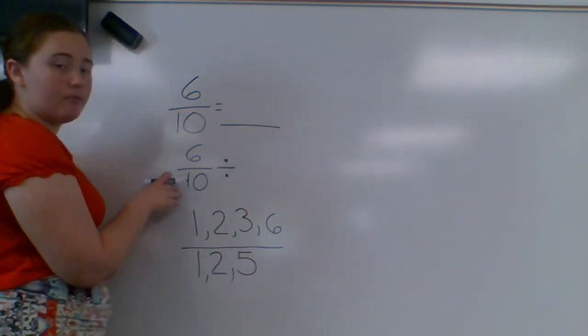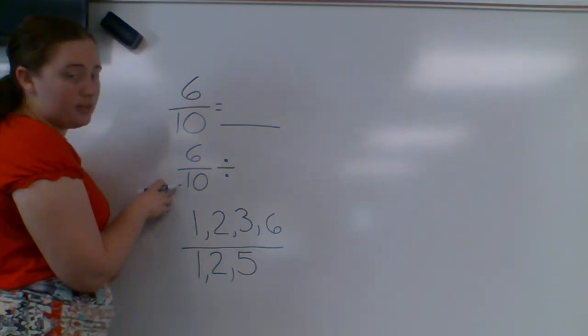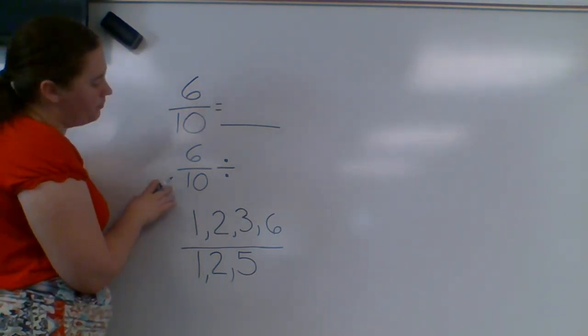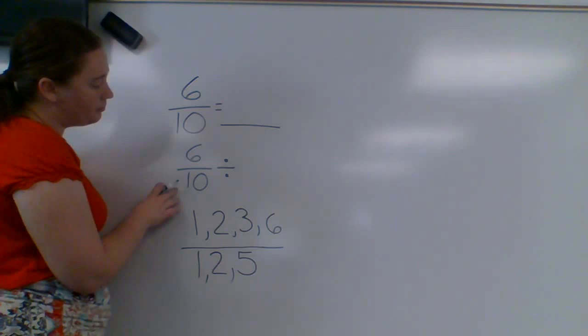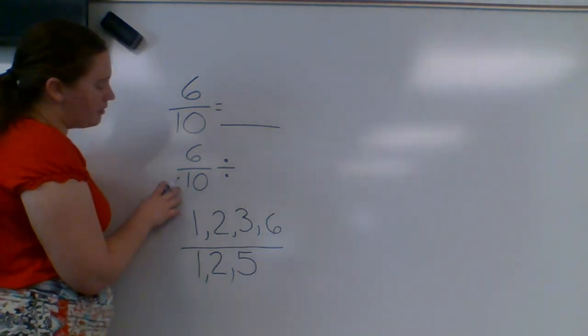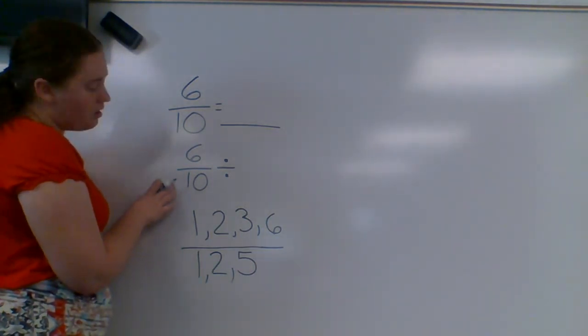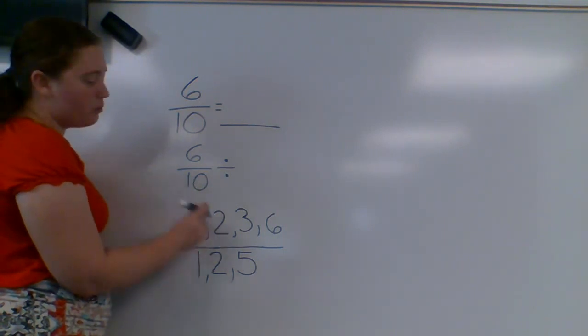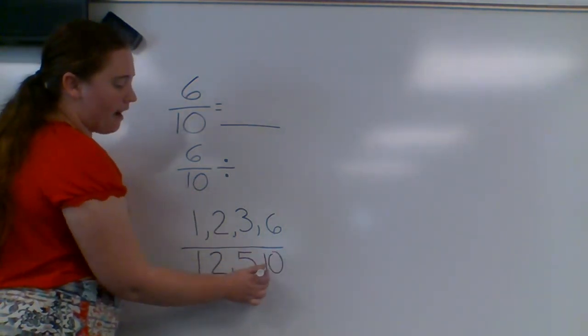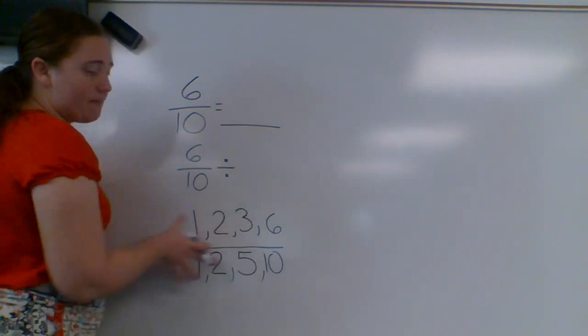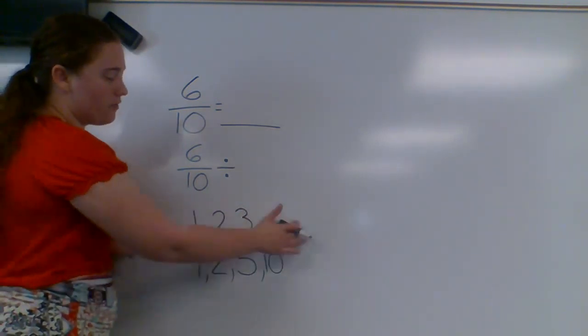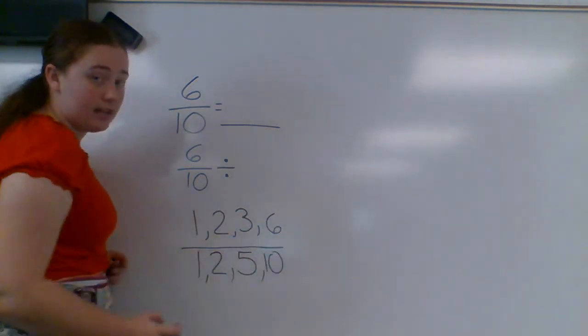So I write that down there. 6, no. 7, no. 8, no. 9, no. 10, well, 10 times 1 is 10, so I will say that 10 is a factor of 10. I have my factors right here. This is my factors for 6. This is my factors for 10.